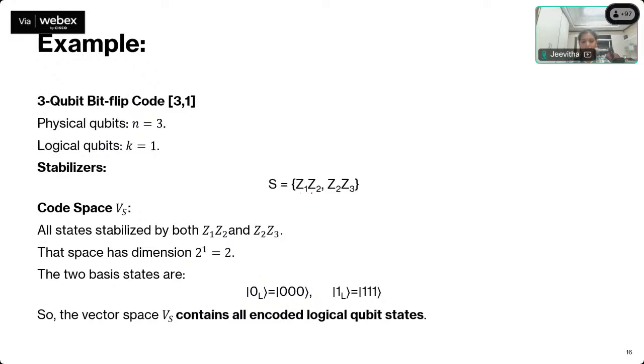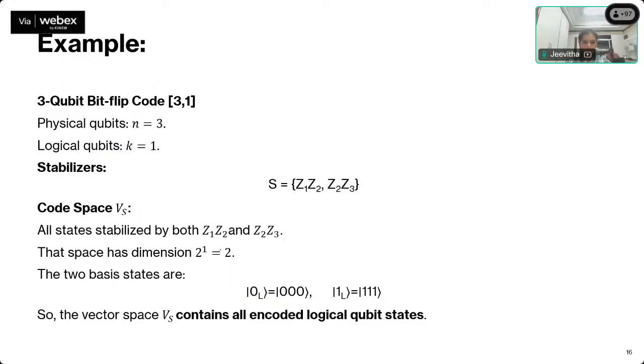One more thing is that we use X stabilizers to measure Z errors, and we use Z stabilizers to measure X errors. Because stabilizers identify the error, we want them to anti-commute. X and Z anti-commute. So if an X error has occurred, Z stabilizers can identify it, and vice versa with Z errors.